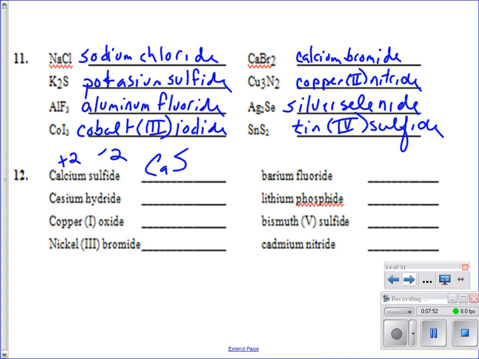What charge does cesium have? +1. Metals always have what kind of a charge? Positive. So even though this is hydrogen and it's group 1, when it's with a metal like this, can it have a positive charge? No, that's when it takes its negative charge. What charge is it? -1. So what is the formula for cesium hydride?